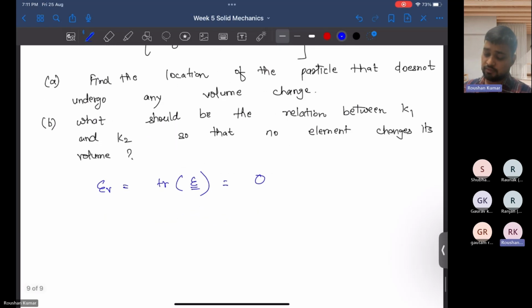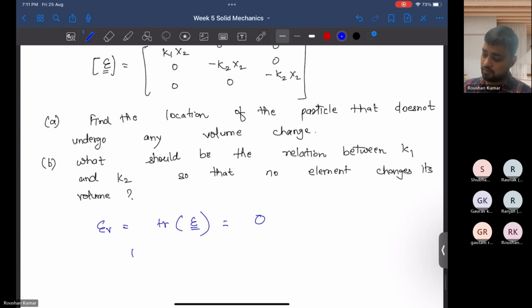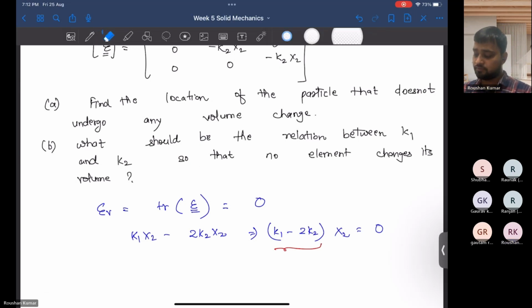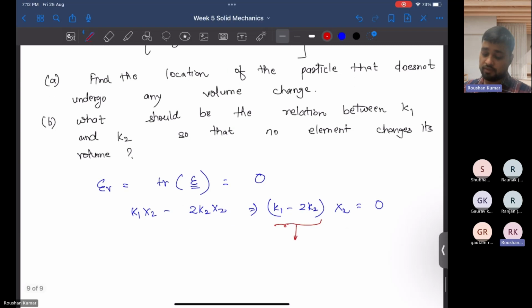That will give us k1 x2 minus 2 times k2 x2, which is (k1 minus 2k2) times x2. For the change in volume to be 0, this has to be 0. That is, k1 minus 2k2 must be 0.